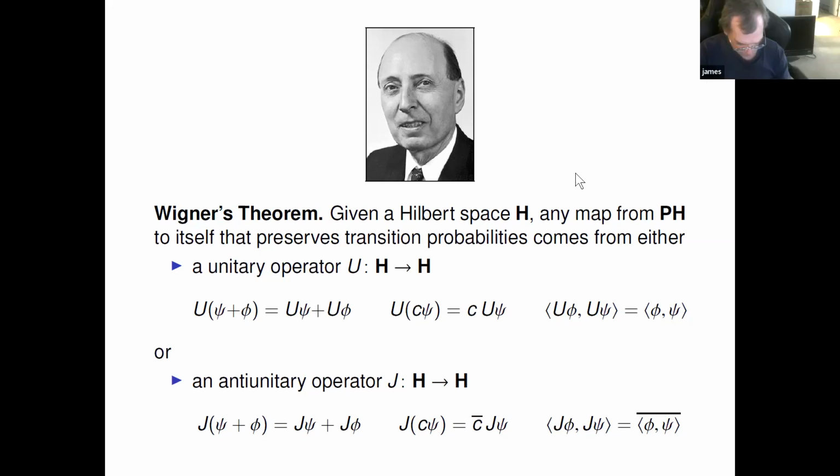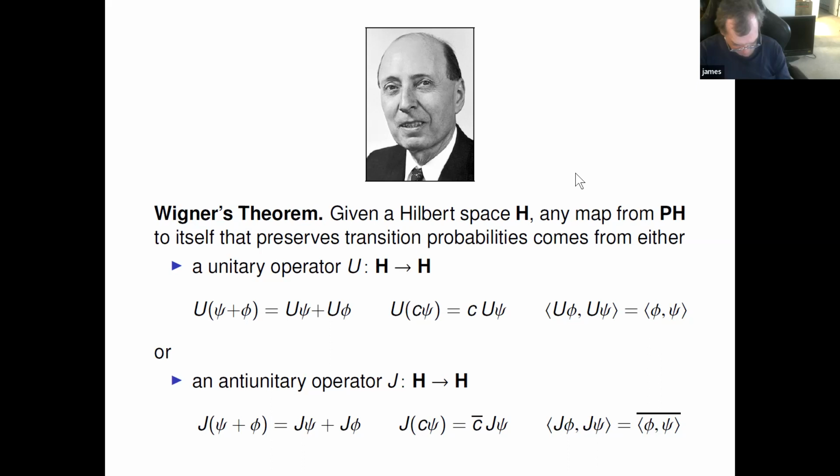But anyway, this is always called Wigner's theorem. And so it says that any map from the projective Hilbert space to itself that preserves transition probabilities has to come from either a unitary operator or an anti-unitary operator.